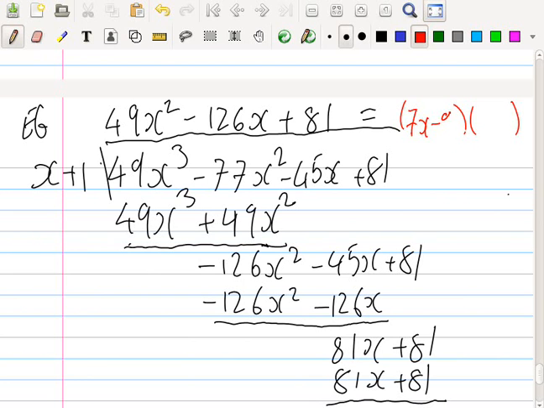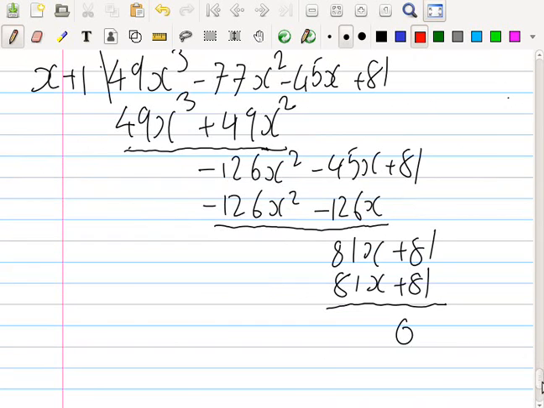7x minus 9. 7x minus 9. 7 times 7 is 49. 9 times 9 is 81. And then you have 49x. No, sorry. Minus 63x minus 63x minus 126x.